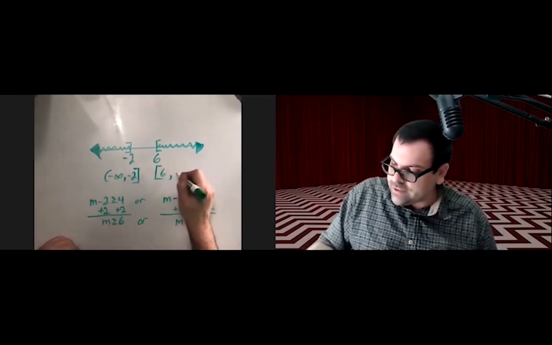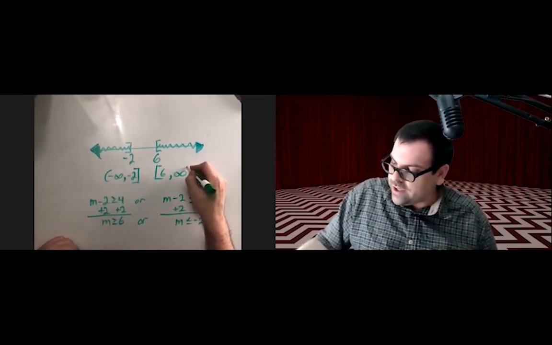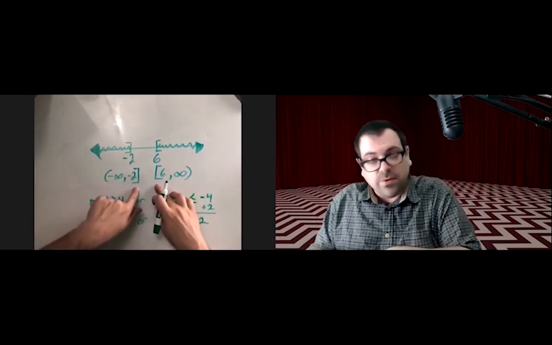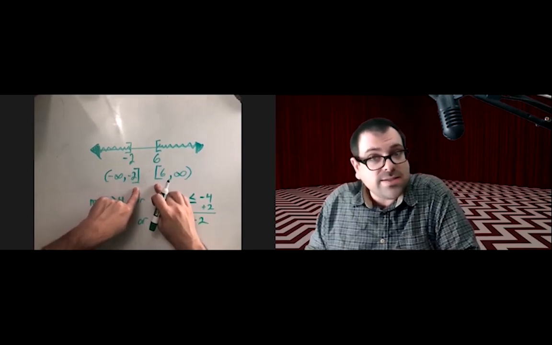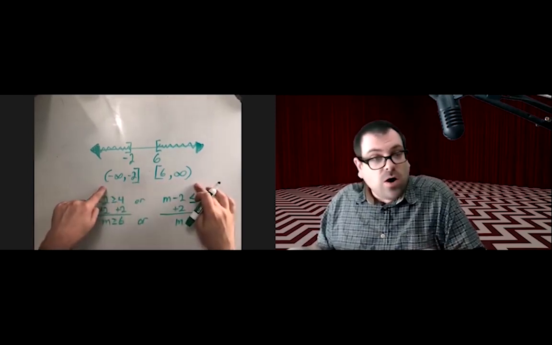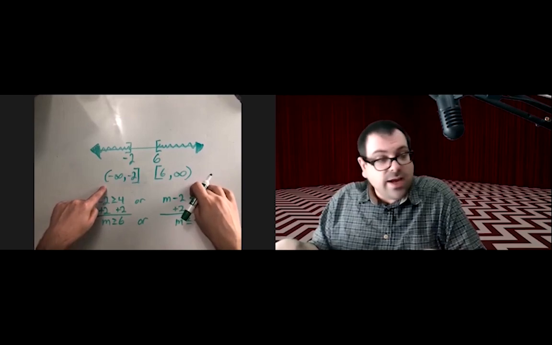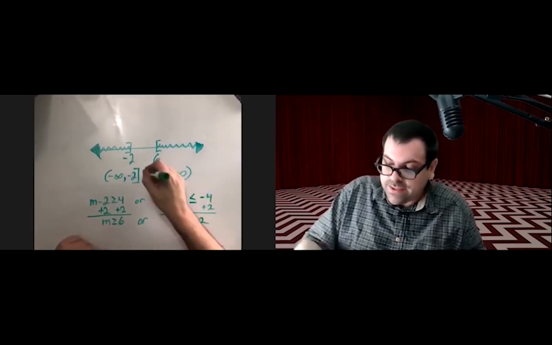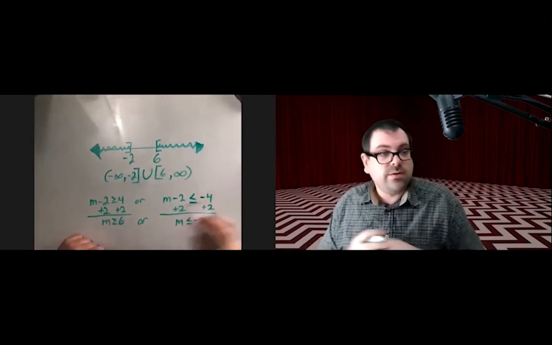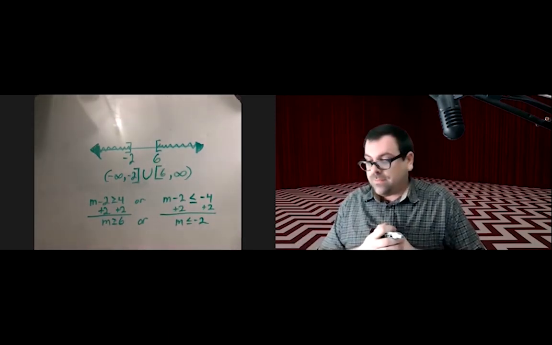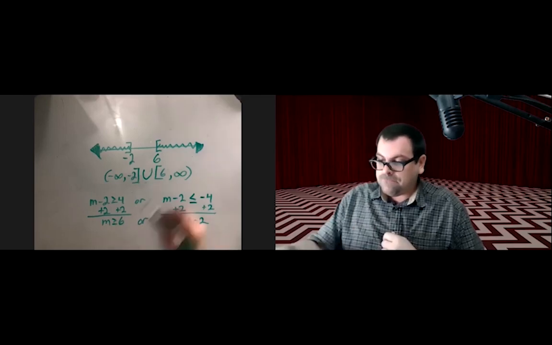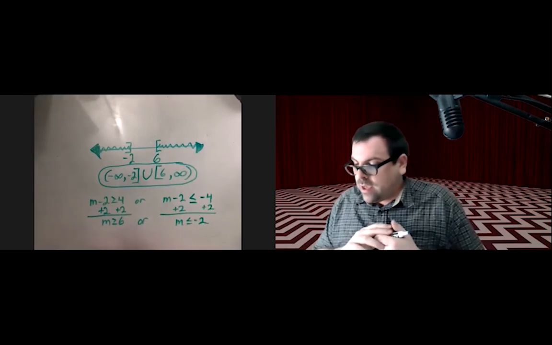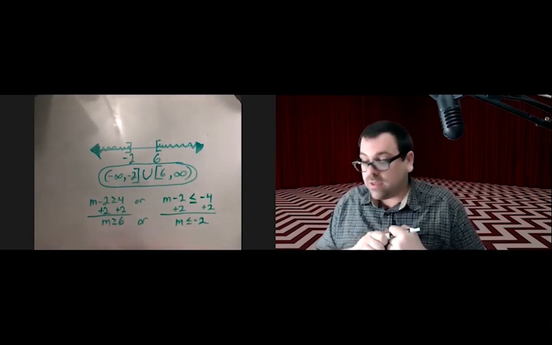Square bracket at 6 to infinity. Remember, parentheses with the infinity, even though we have the or equal to, even though we have the square brackets here, because they are always parentheses for negative and positive infinity. And how do we connect these? With a union symbol. So that is the interval notation form of the answer.